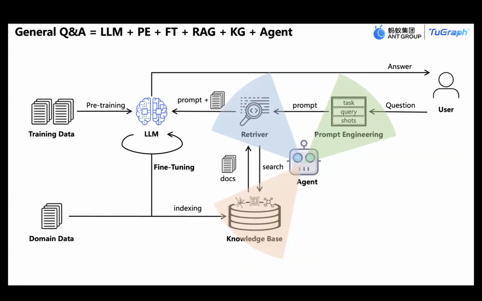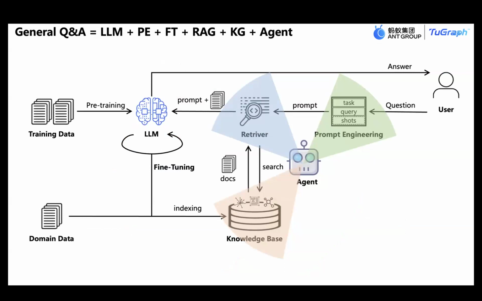I want to share a general QA formula which combines technologies together, like LLM, fine-tuning, RAG, agents, and so on. One user proposes a question to the AI system, and the question flows through the prompt.